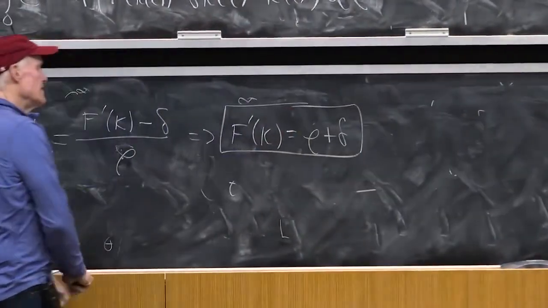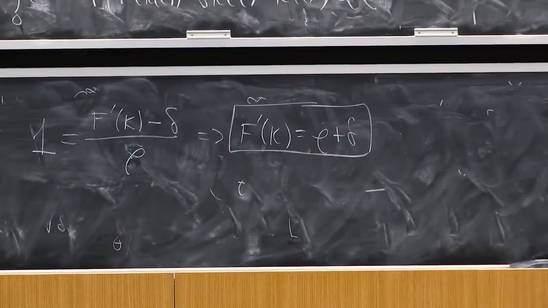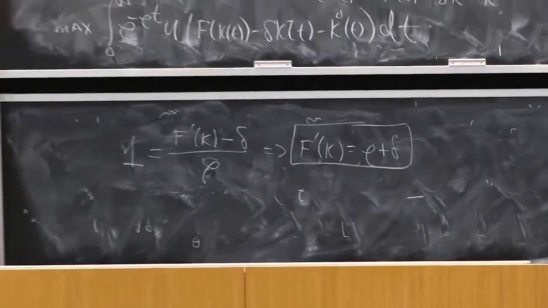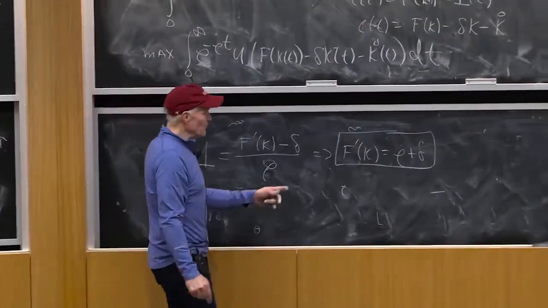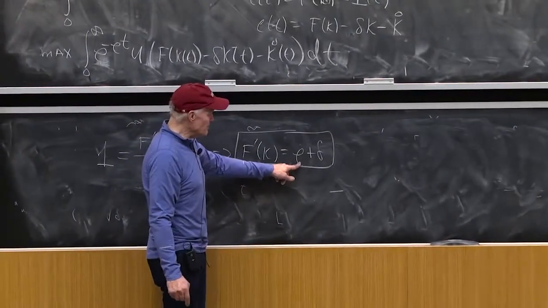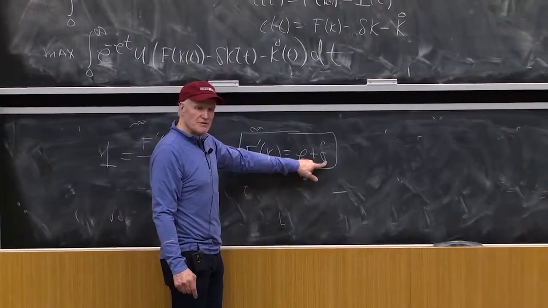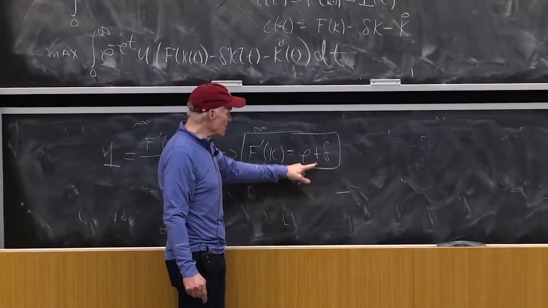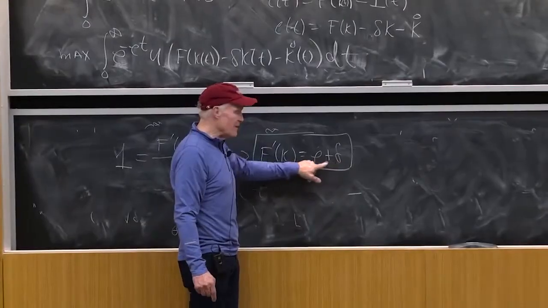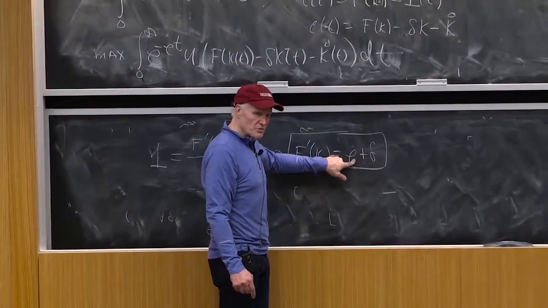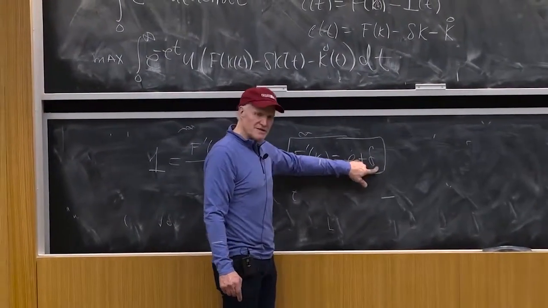Okay? It's going to tell me that the marginal product of capital has to be equal to the rate of time preference plus the depreciation rate. That's it. The marginal product of capital in equilibrium is only going to depend on these two numbers. What's your rate of time preference and what's the depreciation rate?